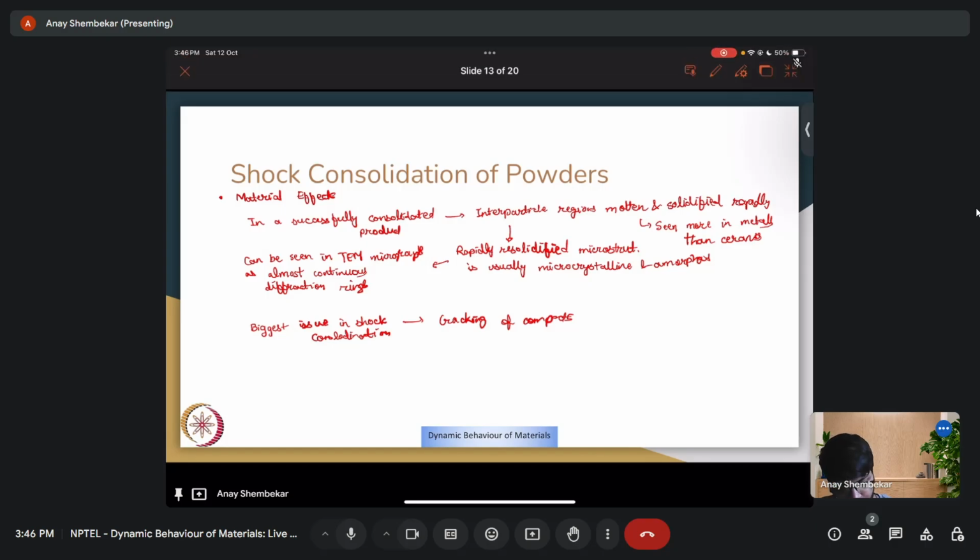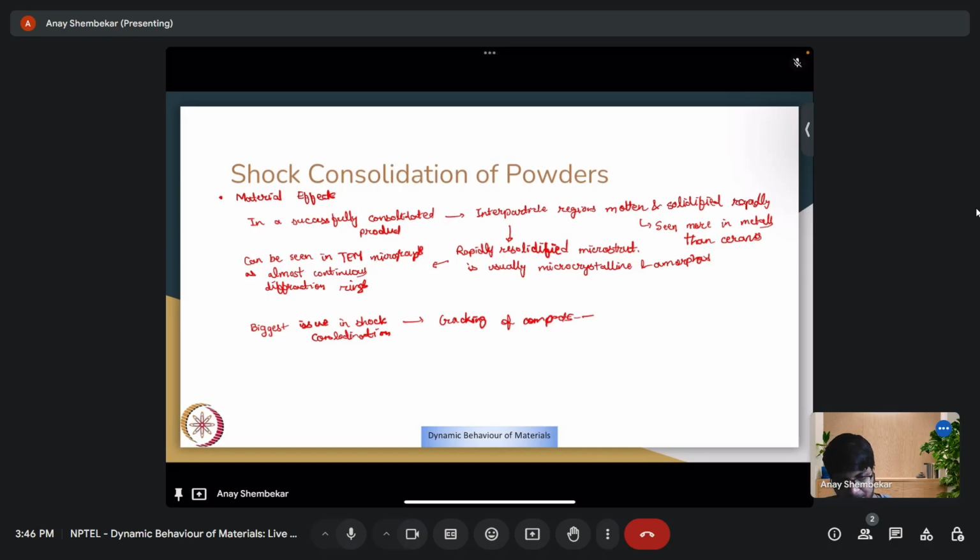So we do not want that cracking of compacts. It is usually more severe for hard materials, which is incidentally also the most potentially useful application. So for hard materials, creating a monolith is difficult.